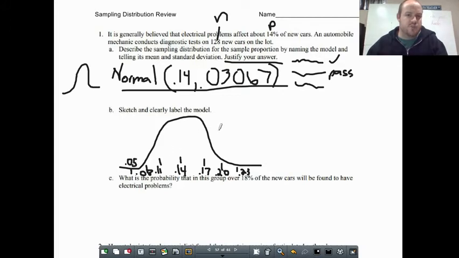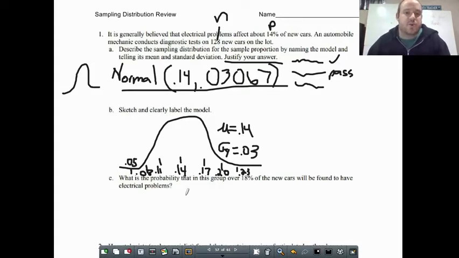So again, you could even make it a bit easier by saying that the mean here is going to be 0.14, and you could say that the standard deviation of our sampling distribution is going to be the 0.03. That should leave no room for error there. That would be providing the absolute maximum that would be needed to get full credit on a question like that.